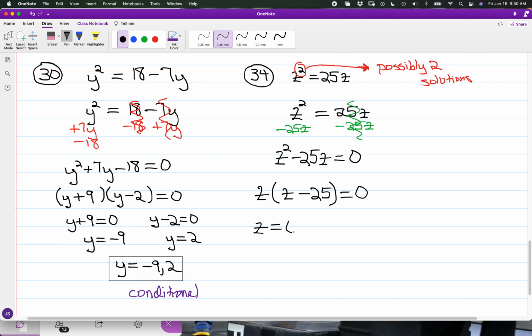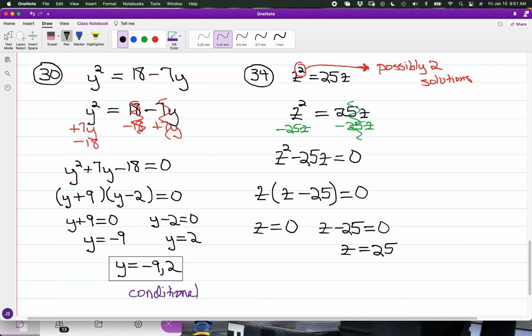If I set it equal to 0, I have that z is equal to 0. And for z minus 25, if I set it equal to 0, adding 25 to both sides, we're going to have z is equal to 25.